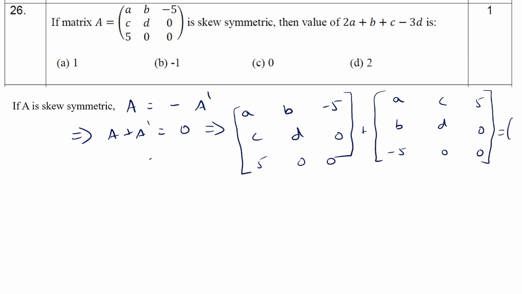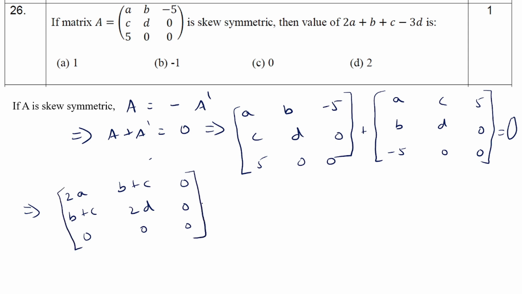Now this is equal to the 0 matrix. Now let us add the two matrices. We get 2A, then B plus C, then 0, then again B plus C, then 2D, 0, 0, 0, 0. This is equal to the 0 matrix.